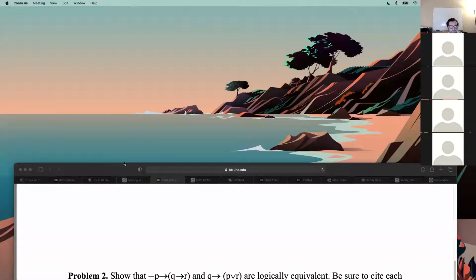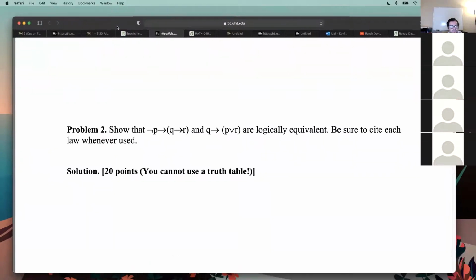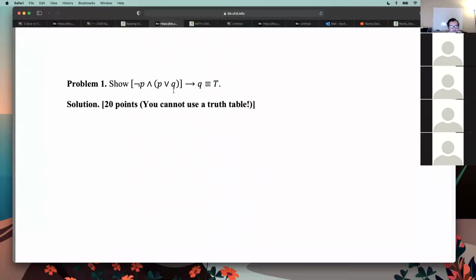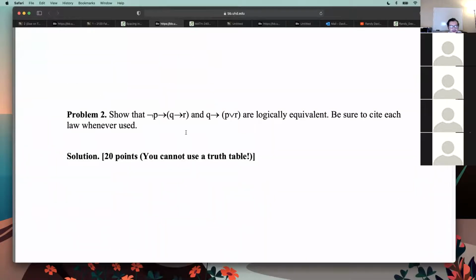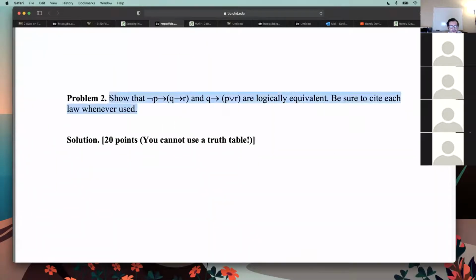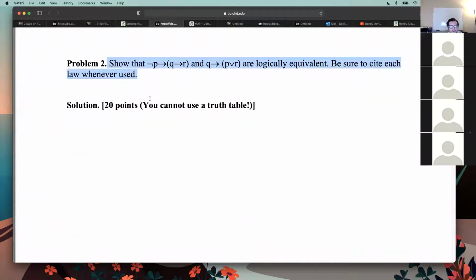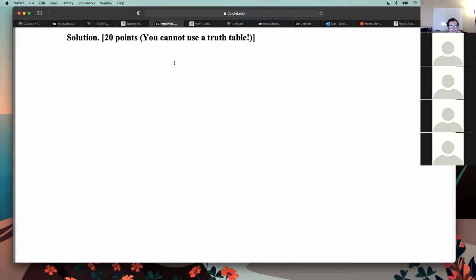Which question in particular are you thinking of from the first exam? Let me share my screen so you can see what I'm looking at. So I just did this solution. This one's very similar to one that I did, and a lot of you did well on this one as well.